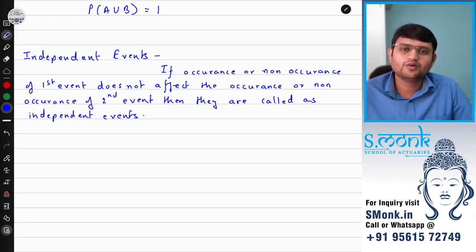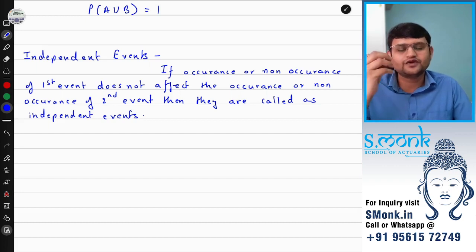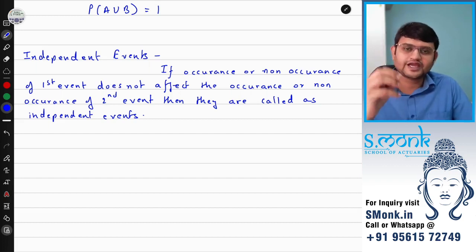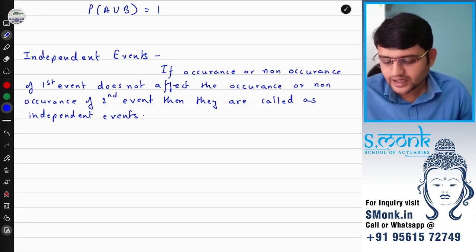Or you might say, whether the first event happened or not is not affecting the probability of the second event happening or not. Then they are independent events.